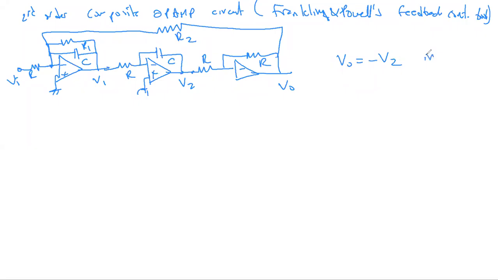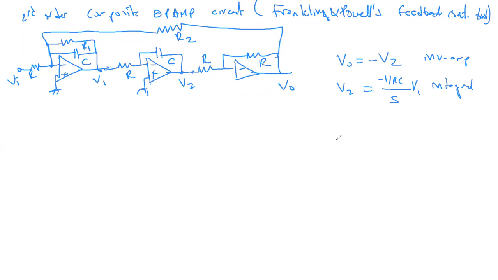This is the inverting amplifier we have seen before. And V2, from this node to this node, was equal to minus 1 over RC over S. This is the integral circuitry times V1. We had seen this before.